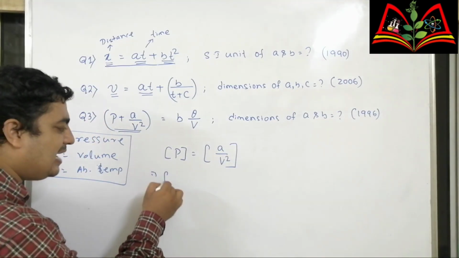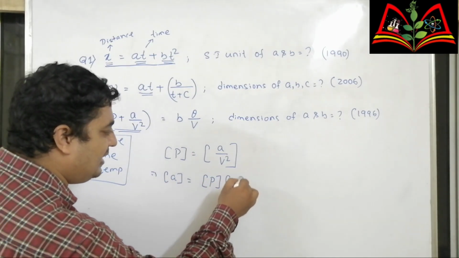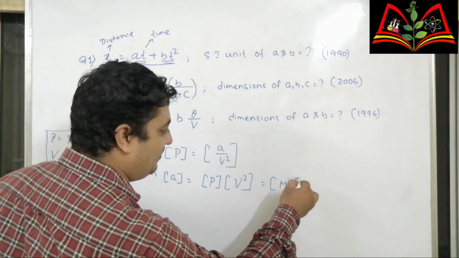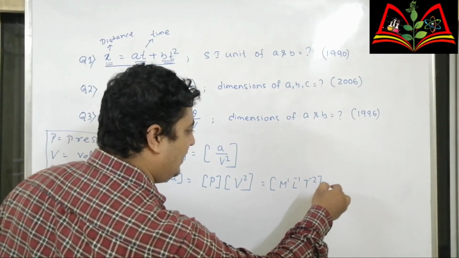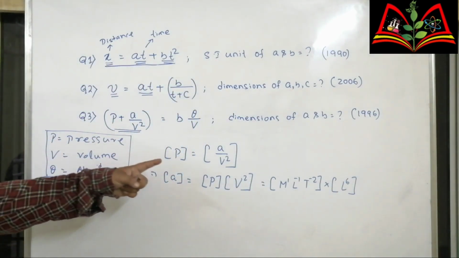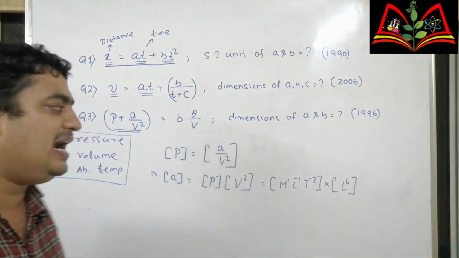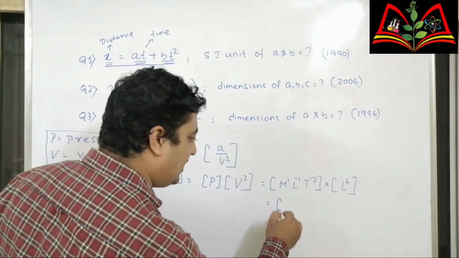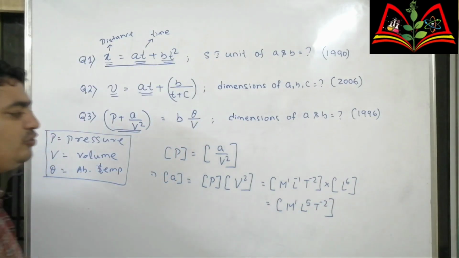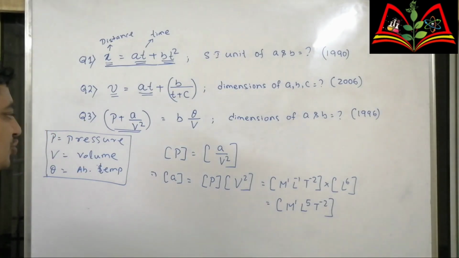Now dimension of A is equal to dimension of P into dimension of V square. V is volume, its dimension is L to the power 3. So V square has the dimension L to the power 6. So dimension of A becomes M to the power 1, L to the power 5, T to the power minus 2.